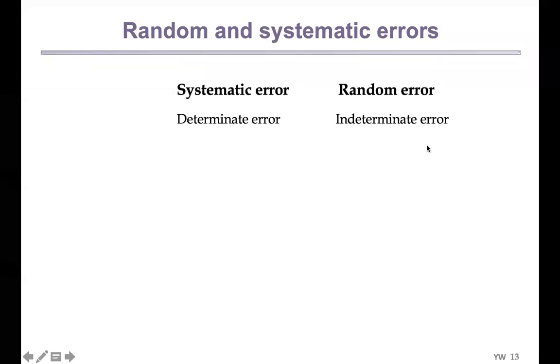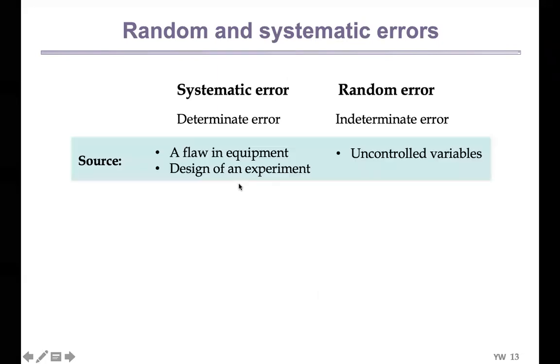We know that it's the error coming from reading because the scale is not big enough, so it's hard to get an accurate reading, and it's a random phenomenon. So if we look at the source again, as I said, the systematic error can come from a flaw in equipment, or it could be a design of an experiment.